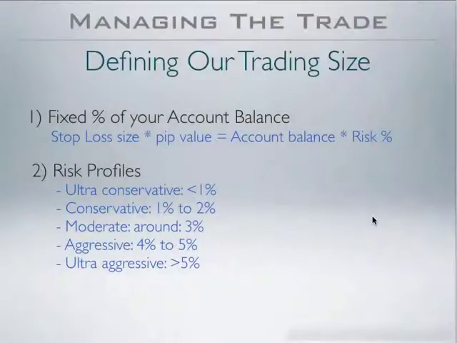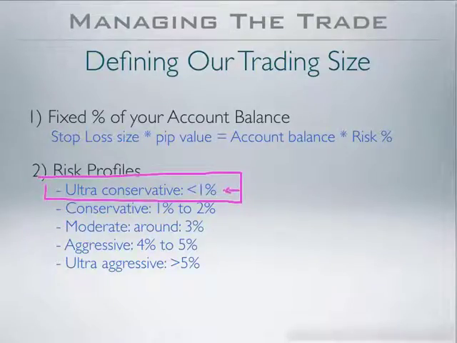If you are a super conservative trader, you want to risk less than 1% of your account balance on each individual position. This is usually the approach that big fund managers or traders working for investment banks usually follow. The reason for that is because their account balance is massive.